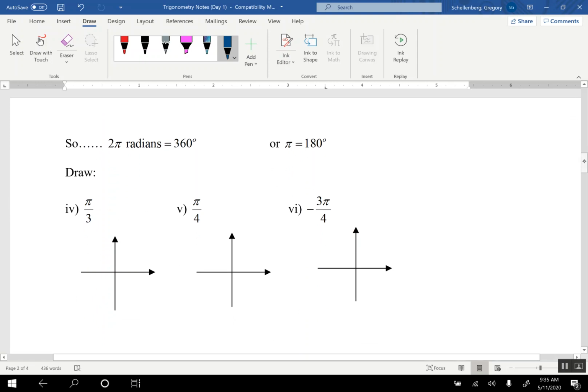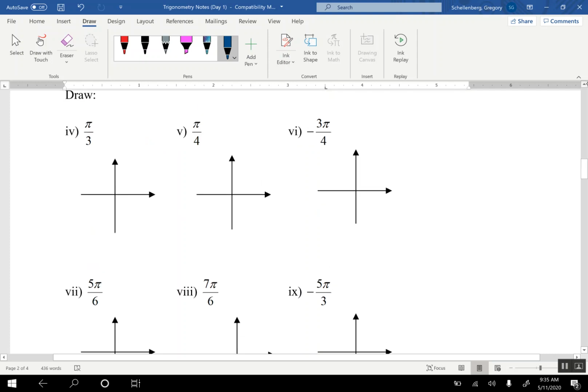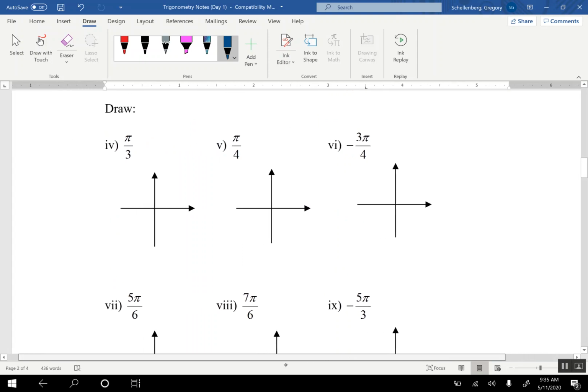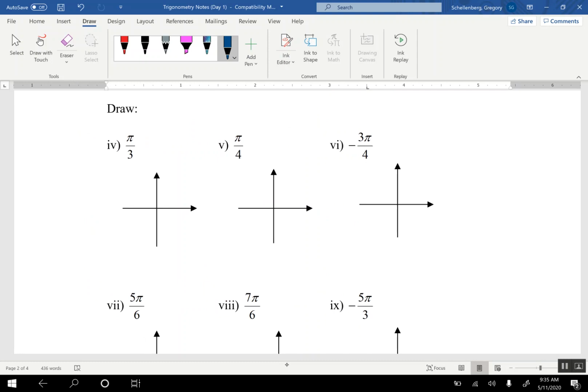Okay, so we're going to draw some additional angles here, but these are angles measured in radians, they're not degrees, okay? They are radians. So before we do that, we know that this is 0 degrees, and it's also 0 radians. If we were to do one complete rotation, that would be 360 degrees.